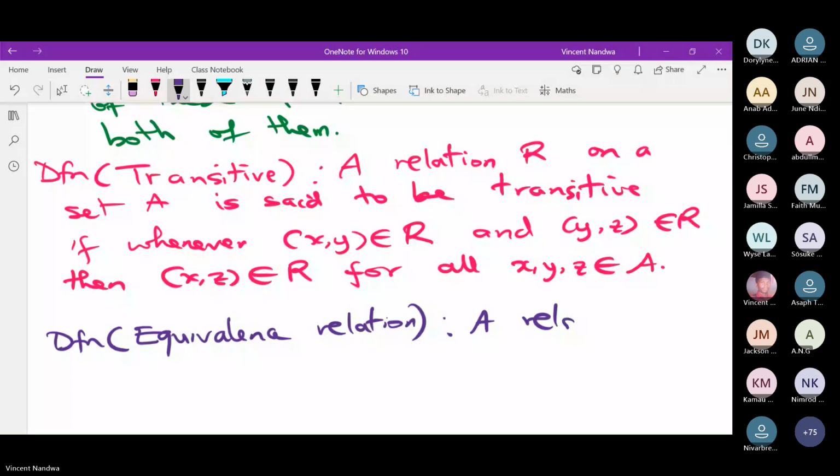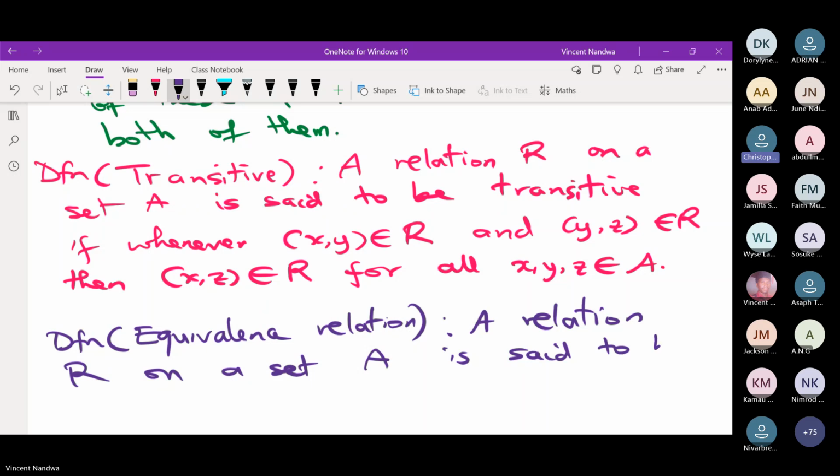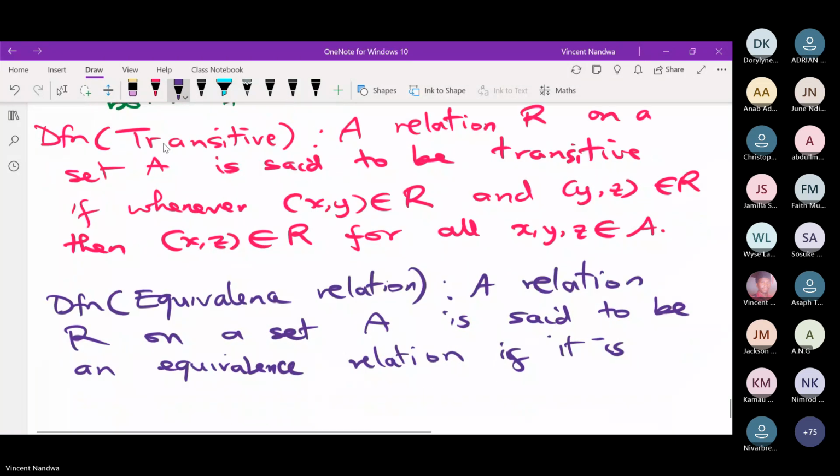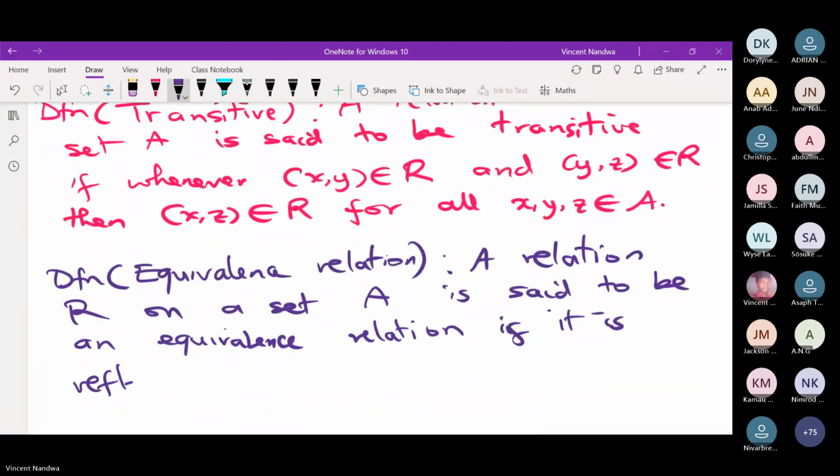So a relation R on a set A is said to be an equivalence relation if it is reflexive, symmetric, and transitive.